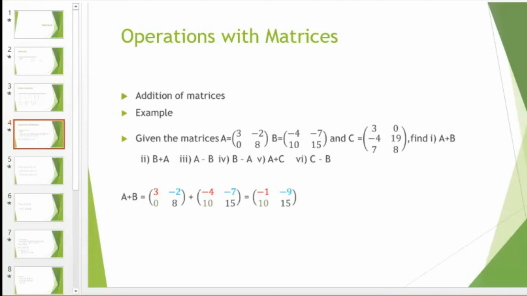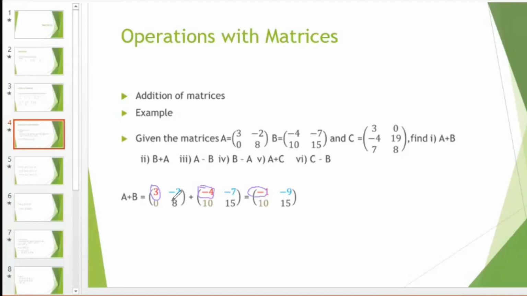It's added to -4, which is the first element in the first row or the first column for the second matrix, and that would give you this value. You'll notice that the position remains the same. First element added with the first element will give you the first element.